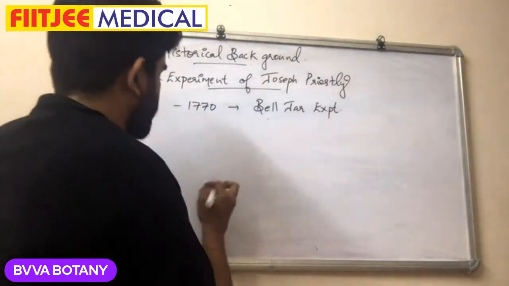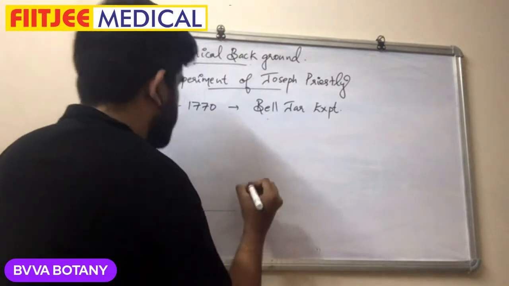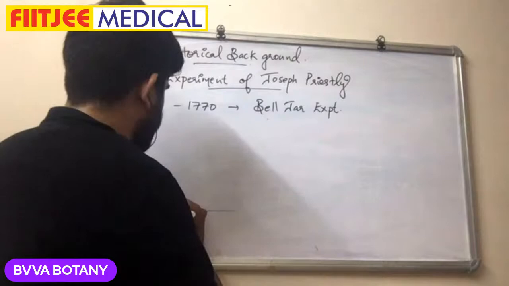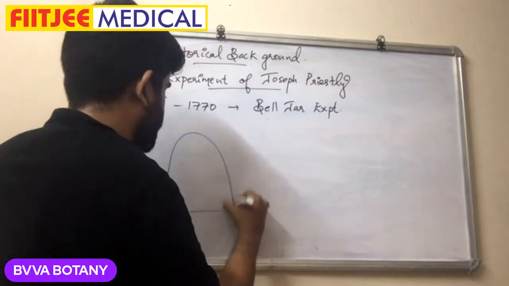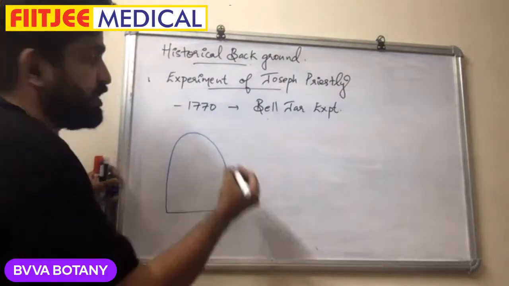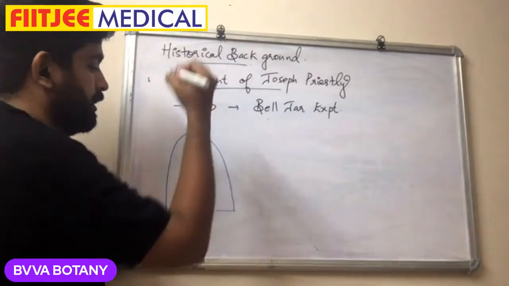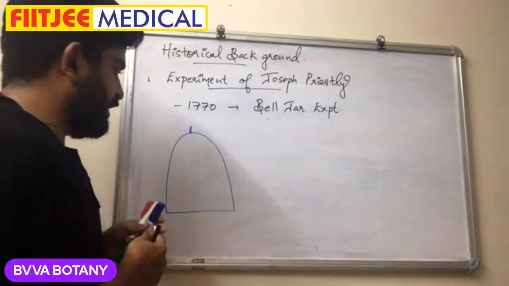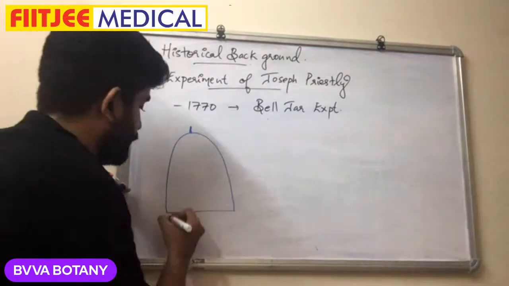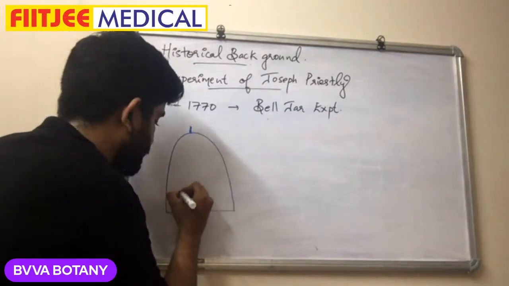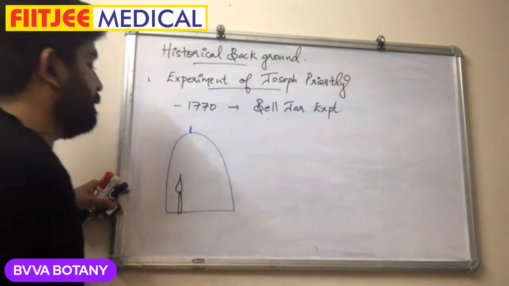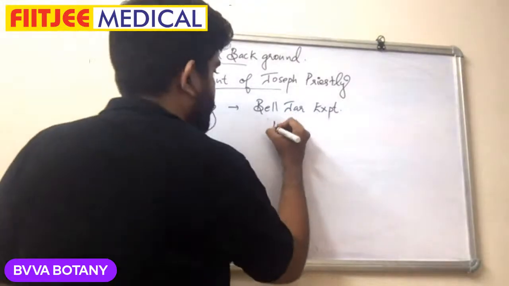It involves a jar in the shape of a bell. Into this jar, first he introduced a burning candle. So number one: a bell jar plus a burning candle.